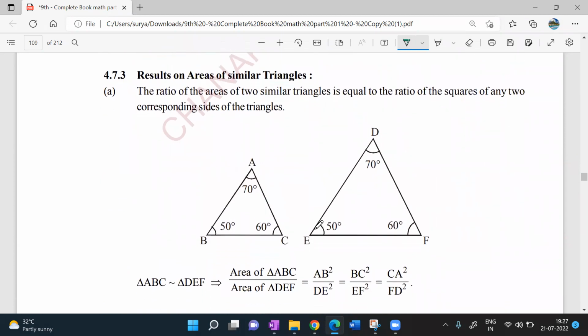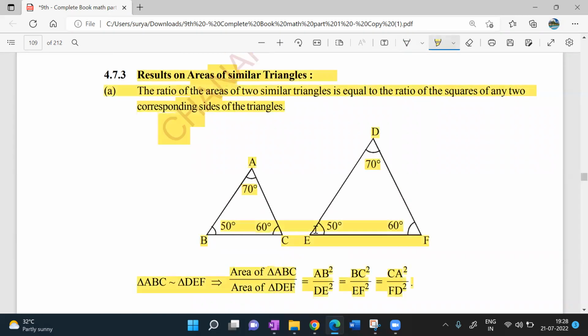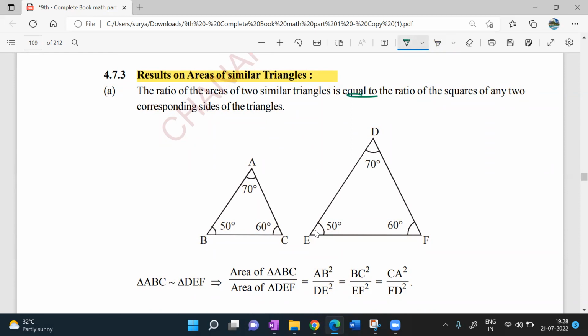Now, results on areas of similar triangles. Look at this: the ratio of the areas of two similar triangles is equal to the ratio of the squares of any two corresponding sides of the triangles.